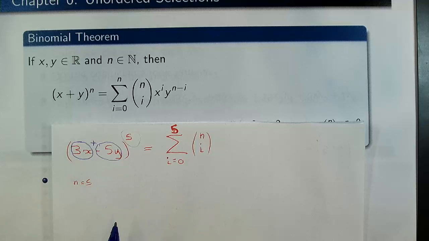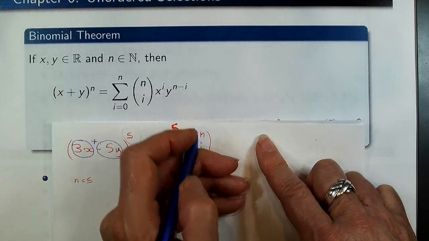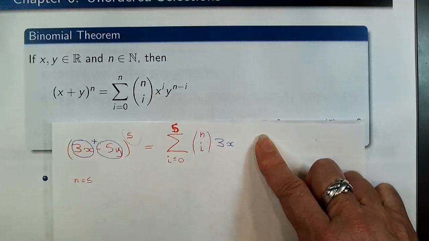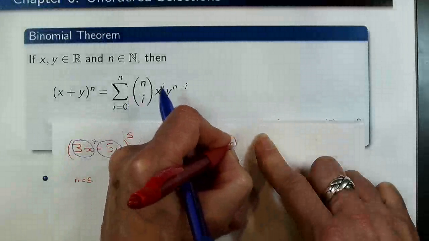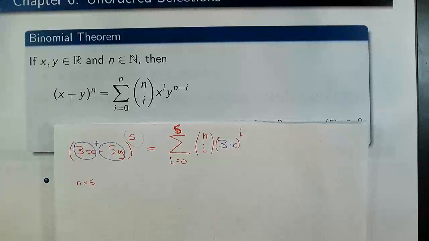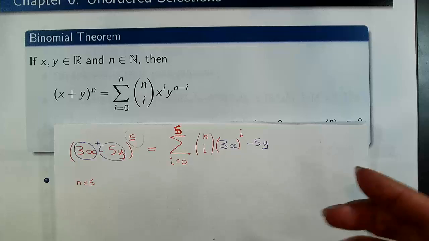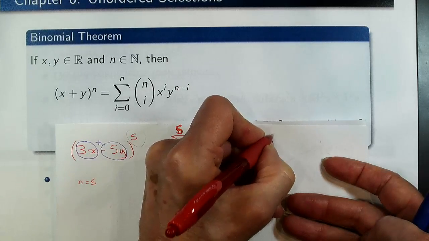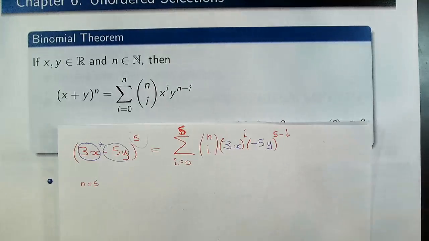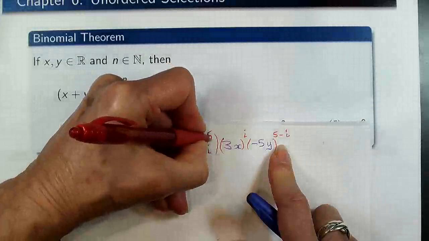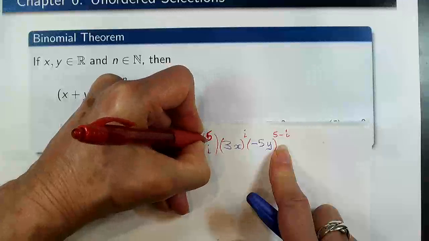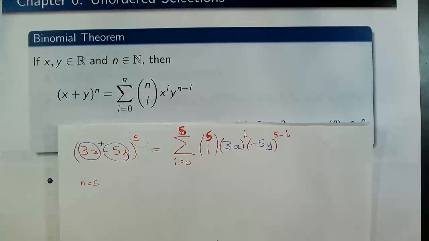Instead of x, we've got 3x, so I'll put 3x, all in brackets, to the i. And instead of y, I've got minus 5y, in brackets, to the 5 minus i. Did you notice we replaced the n inside the binomial coefficient? I actually should have done that. Thank you, because it won't help us if we don't do that.